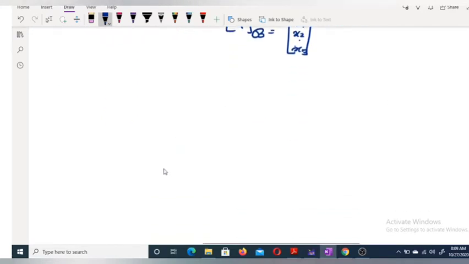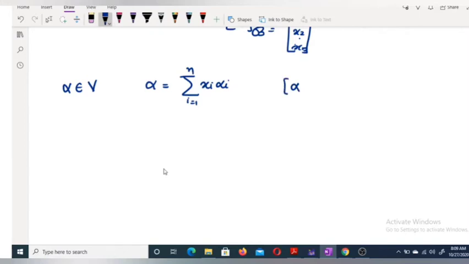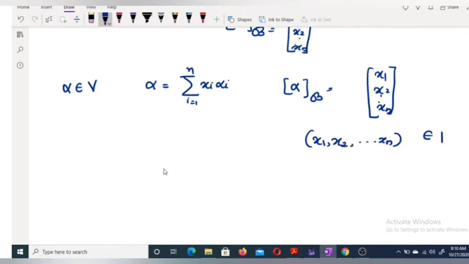Similarly, for each alpha belonging to V, as in our theorem, you can write alpha as the sum from i equals 1 to n of xi alpha i. And the matrix of alpha relative to B is x1, x2, etc., xn. Clearly this belongs to Fn. So for each alpha we get some x1, x2, etc., xn, and this is a one-to-one map.